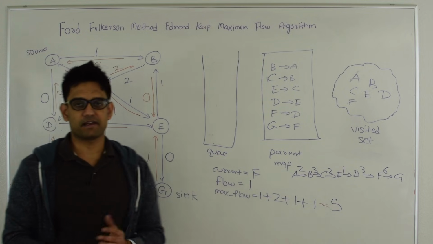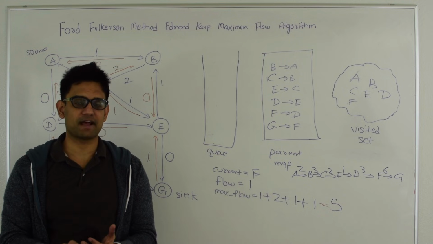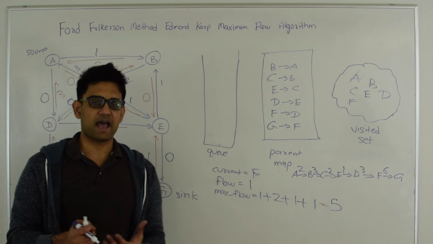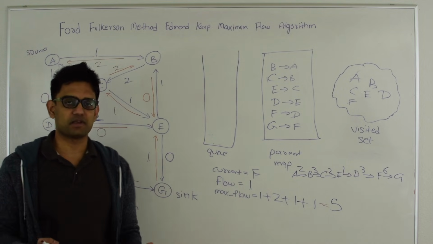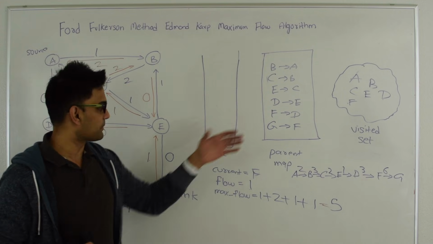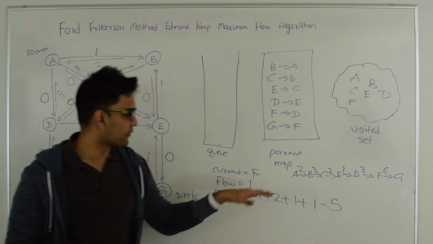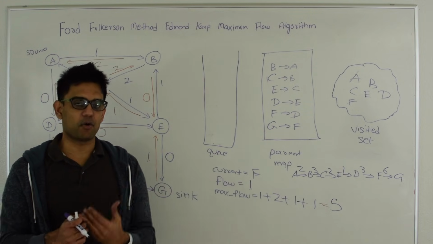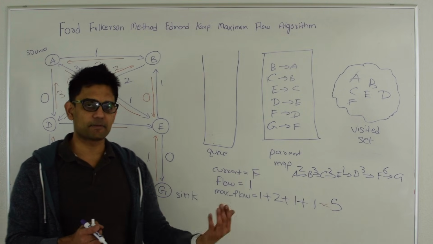So again, repeating the entire process, you have to do a BFS. To do the BFS, you find an augmented path. To look for an augmented path, you look for the neighbors which are not visited and have a positive residual capacity. And after you do the BFS, you retrace the path back using this map, and in that, among all the edges, you look for the edge which has minimum value, and then you subtract that value from all the edges in that direction and add the value for all the edges in the opposite direction.